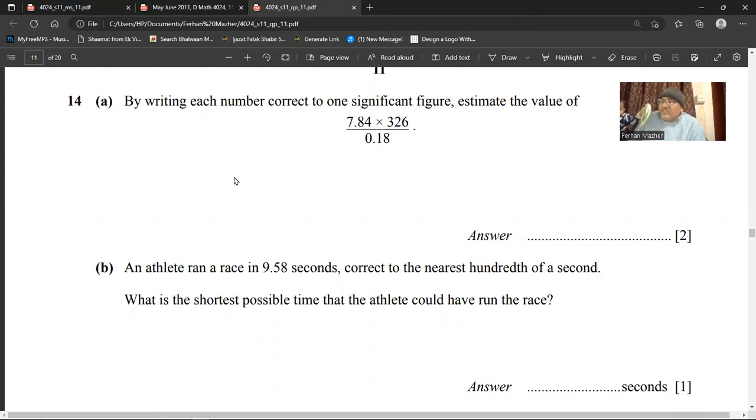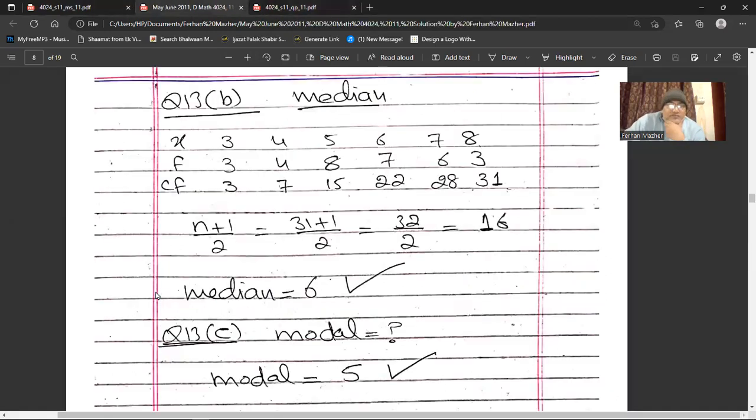The first question they are showing is 7.84 multiplied by 326 divided by 0.18. So 7.84 can be written as 8, and 326 can be written as 300, and 0.18 can be written as 0.2.